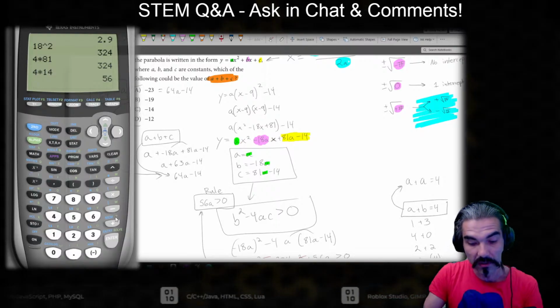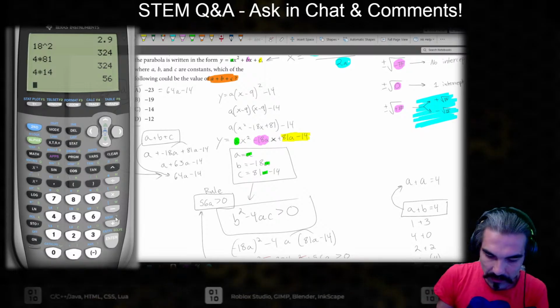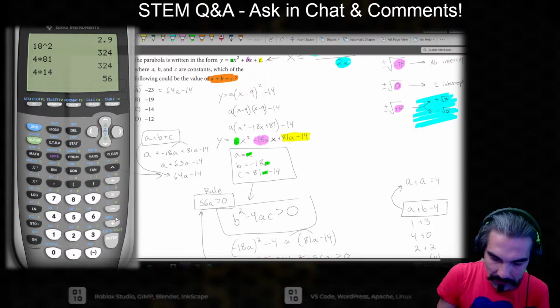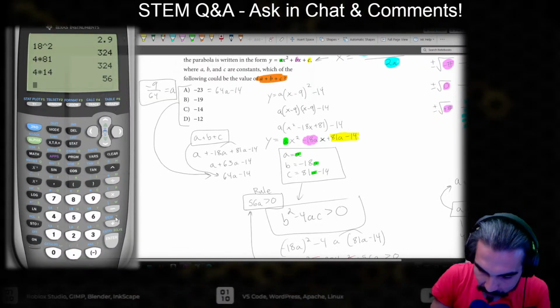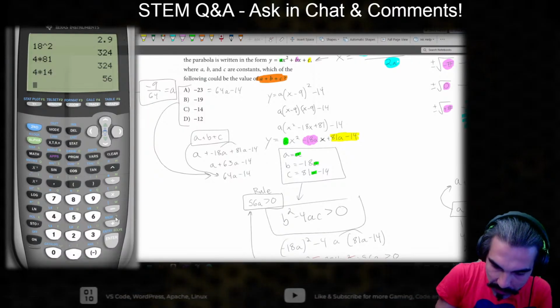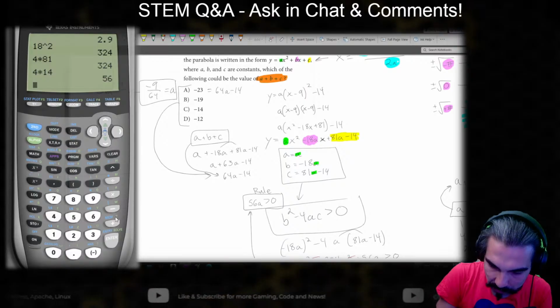So if we were to test this out and say, hey, is this the answer? Well, does it give us 2 points? We have to apply our rule. Now that we get the a, we test it out with the 56, plug in negative 9 over 64.